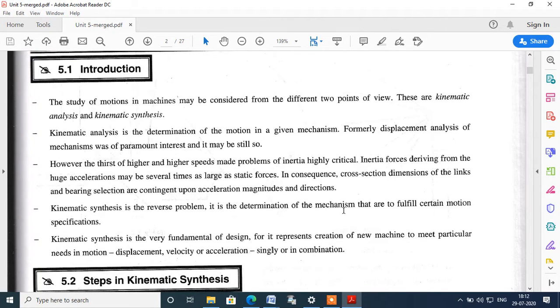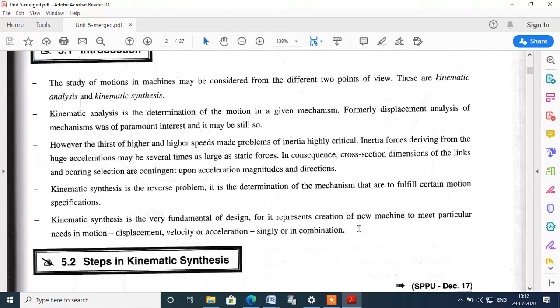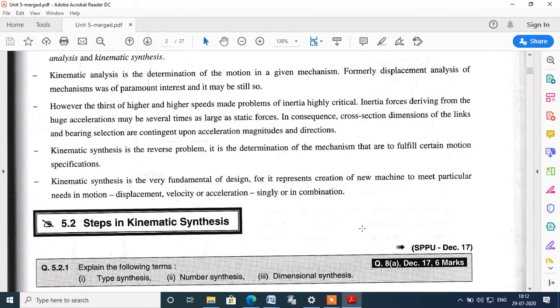Whereas kinematic synthesis is the reverse problem, it is the determination of the mechanism that is to fulfill certain motion specifications. So kinematic synthesis is very fundamental to design, for it represents creation of new machines to meet particular needs in motion, that is displacement, velocity or acceleration.